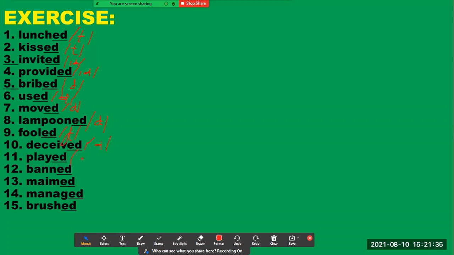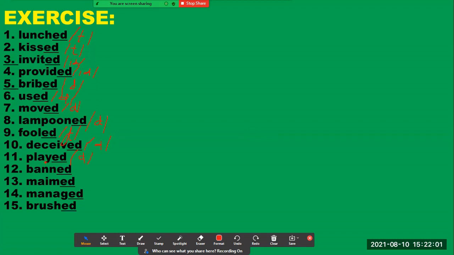Again, the sound is D, because when you talk of AYED, you see that Y is a letter, but in most cases it has a vowel sound realization.